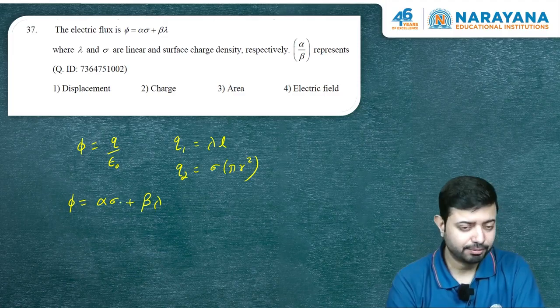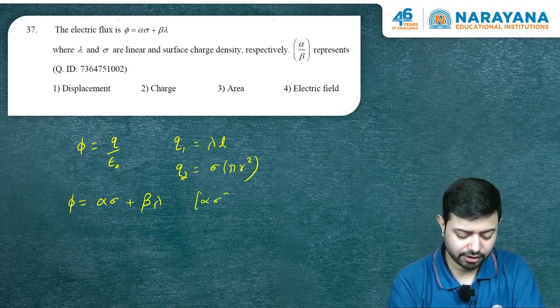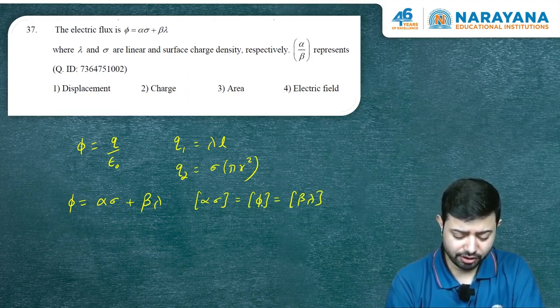Well, you can apply the principle of homogeneity. The dimension formula of alpha sigma should be the dimension formula of the flux, which should be the dimension formula of beta lambda. And what is the dimension formula of the flux? It is charge by epsilon naught.